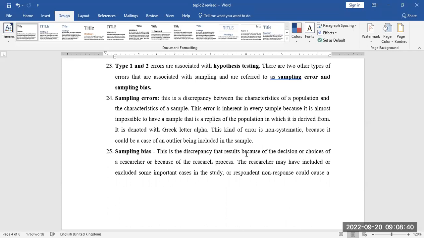For example, your population is Zitech University, and we are looking at year 2, semester 1. So when you look at the population, they have got the same characteristics. But now, when you select the samples, they have got different characteristics from the population. That is sampling error.